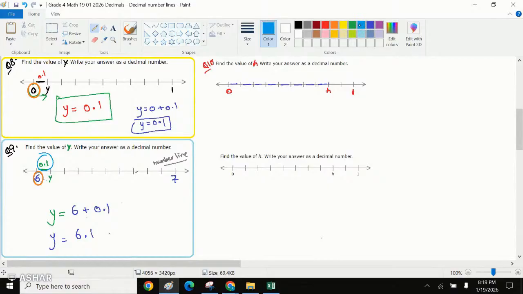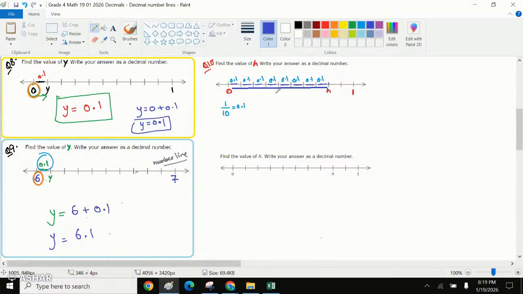We already know that 1 interval means 1 upon 10, which means 0.1. That means each interval is 0.1, right? And there are 8 intervals. Okay? What does this mean? 0.1, 8 times, would be equal to what?